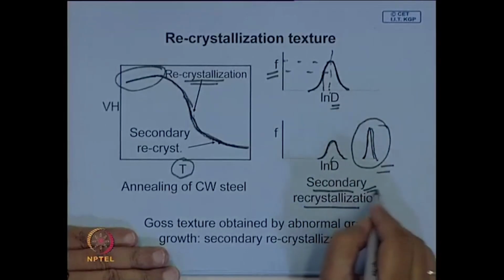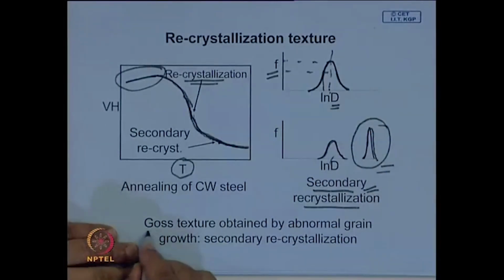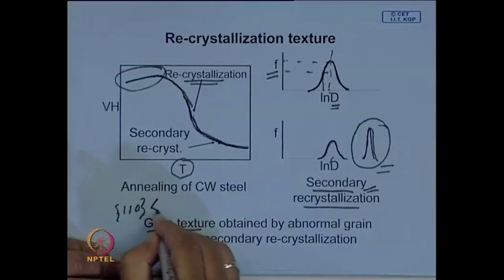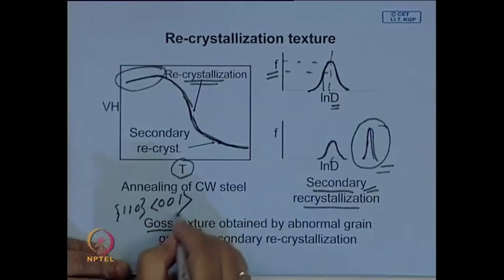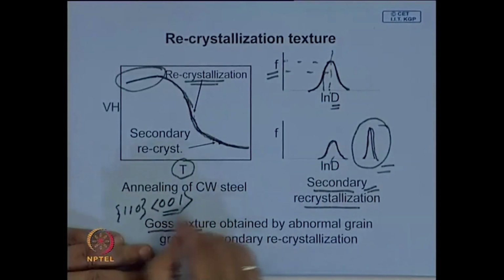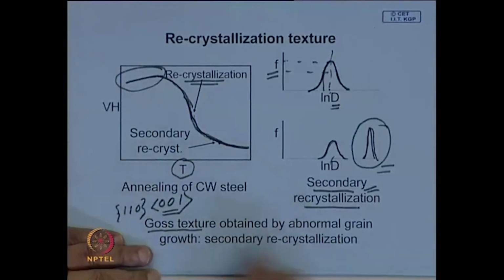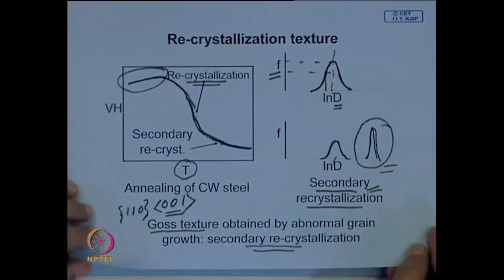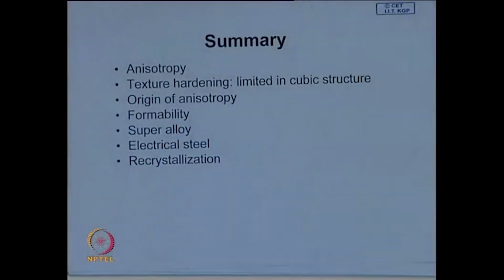This secondary recrystallization texture is the Goss texture, which is 110, and here this is the soft magnetic axis. Therefore, by secondary recrystallization you can develop steel which is ideal for transformer applications. So, this is where it is preferred.